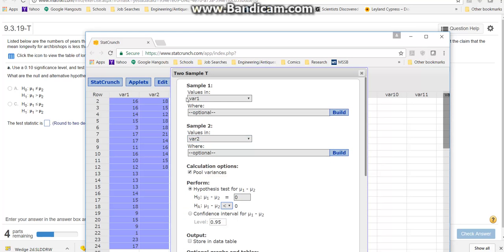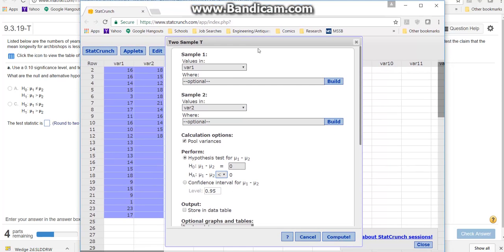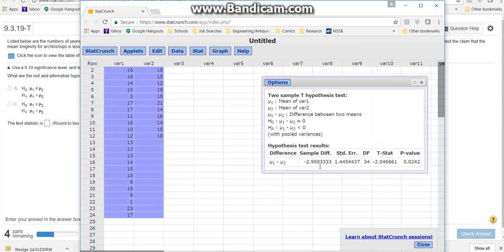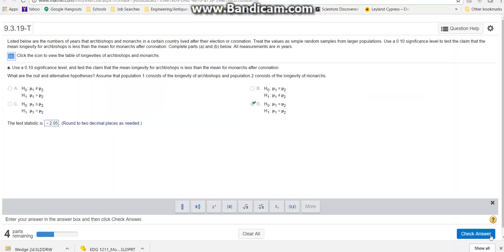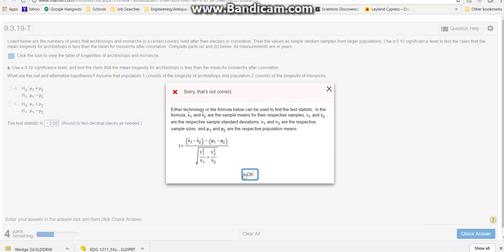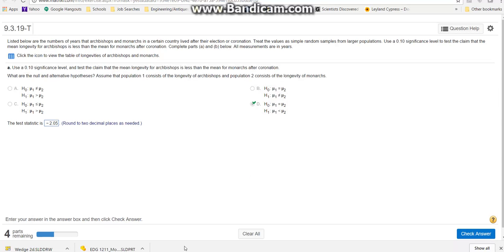I may be wrong, but we'll see what happens here. Hit compute. I get a t-stat of negative 2.05. And let's check that answer. And it looks like I made a mistake there.